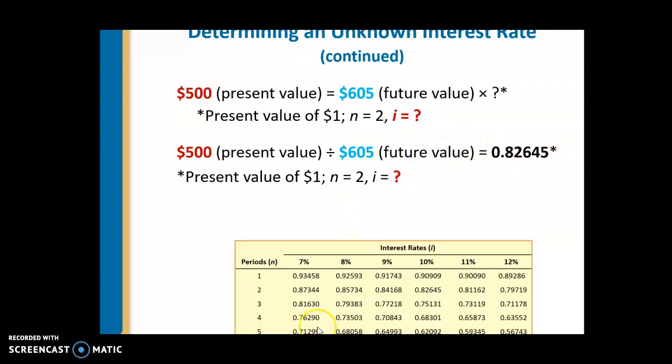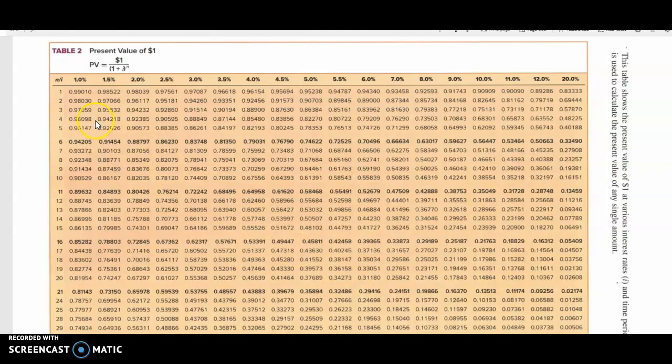Then turn to Table 2 at the back of the textbook and read row 2, because n equals 2, across until you see that factor or something close to it. So reading across, I'm looking for 0.82645. It is the 10% column. That means that the interest rate for this problem is 10%. The effective interest rate is 10%.